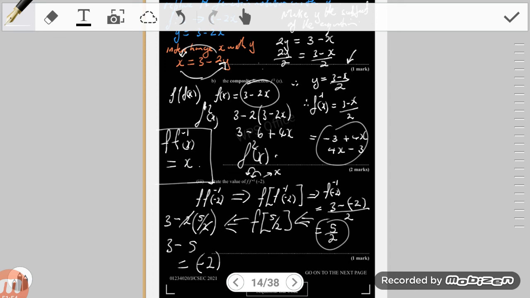If you know, that's just something that you have to know. So if you're able to spot it, then you could just simply write down that the answer is going to be minus 2, like what we got here. But if you don't know that function rule, then you're going to have to go through all this process here so as to get your answer only for 1 mark. So you have a choice, guys. Let's move on to the next question.